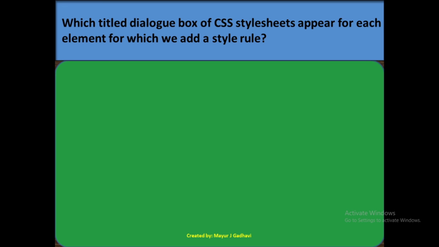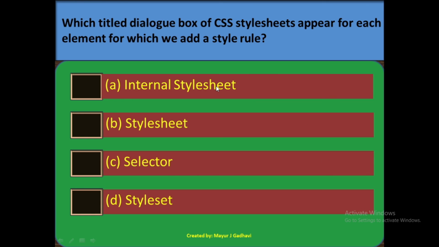Which titled dialog box of CSS style sheets appears for each element for which we add a style rule? The options are internal style sheet, selector, or style set. The answer is A, internal style sheet.